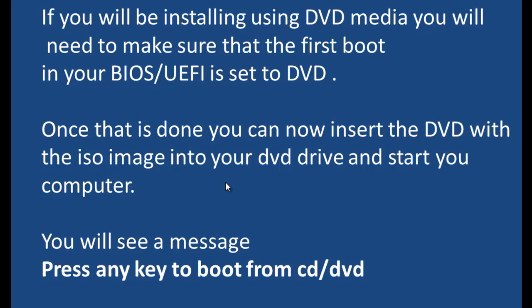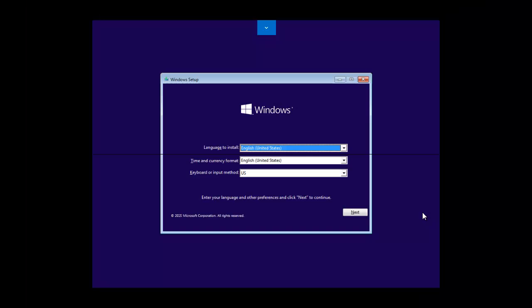Once that drive sees your image, you will get a message on the screen that says, press any key to boot from CD or DVD. And you can press any key on your keyboard to boot from CD or DVD. Once all the installation files have been copied to your system, the very first screen that you will see is the Windows setup screen.